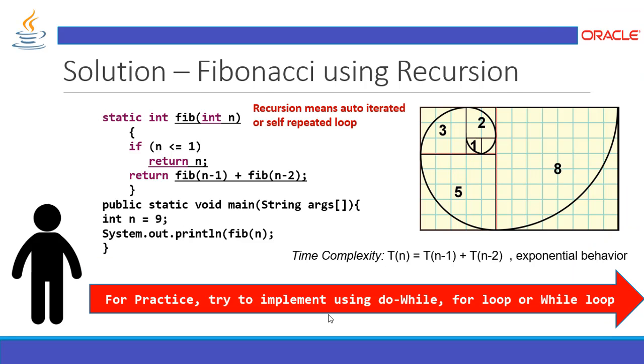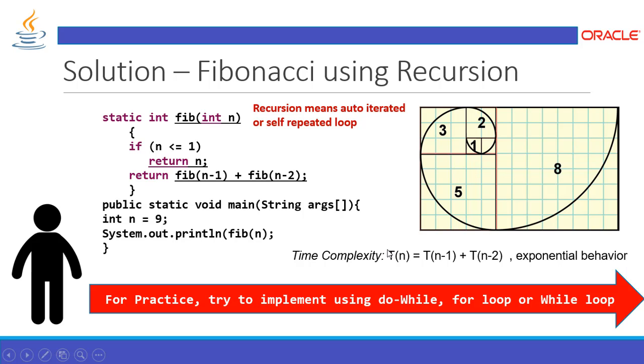After all this recursion in Fibonacci, this will come up with this kind of behavior of a system and print the spiral in the axis. Now based on this kind of logic and algorithm, the complexity is mentioned in this form: Tn equals Tn minus 1 plus Tn minus 2.